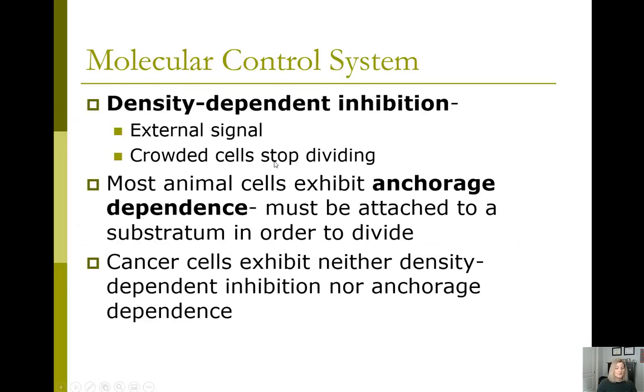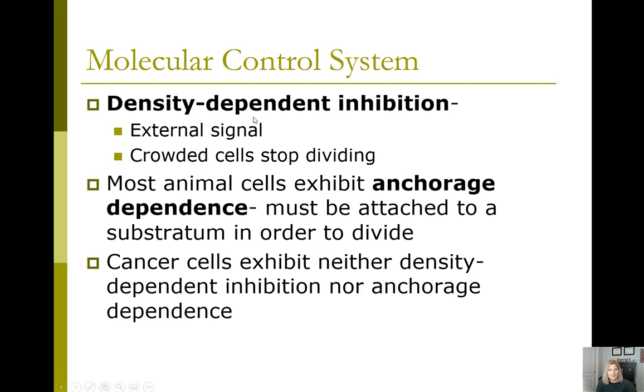Okay. There's other things besides growth factors that can cause a cell to divide from an external signal. One would be density-dependent inhibition. So cells are not going to divide if there are a lot of cells around them, okay? Because there's no room for a new cell to form. So there's a particular cell signal that actually prevents cells from dividing when there's a crowded situation.